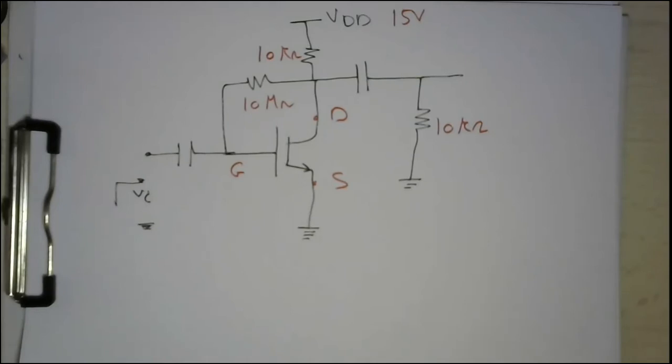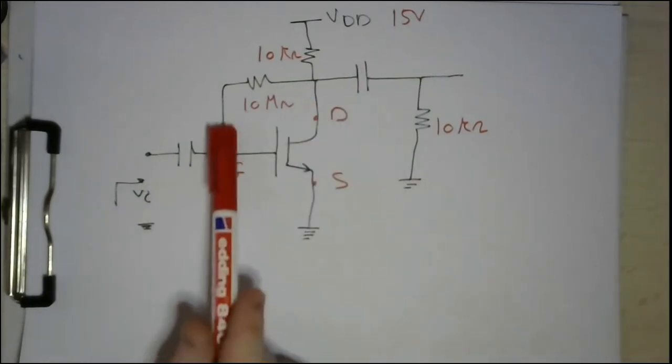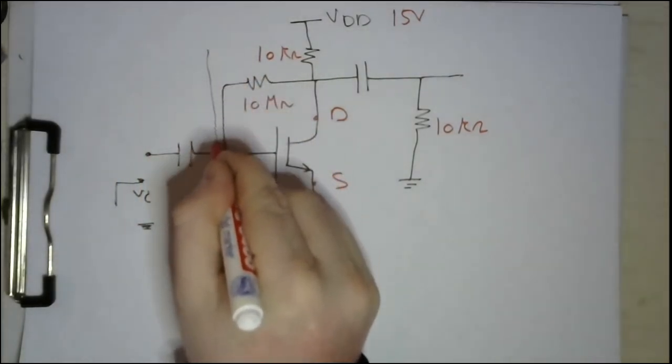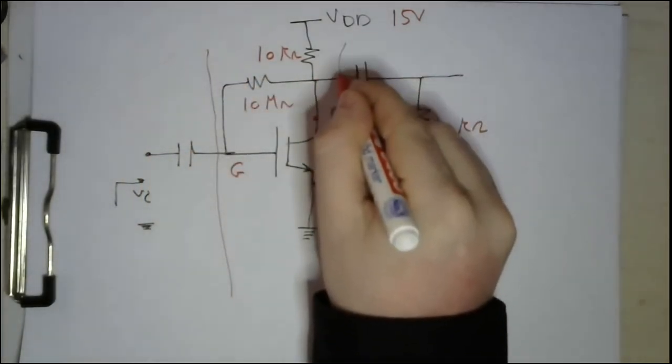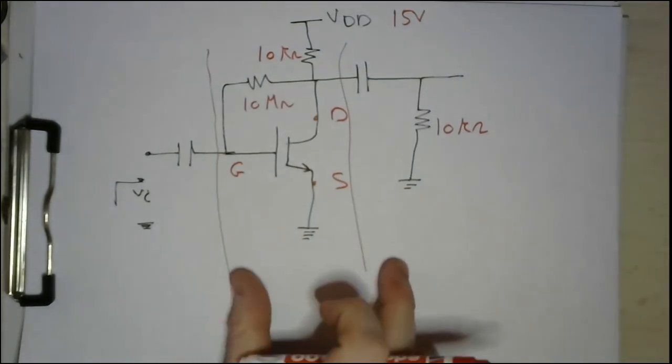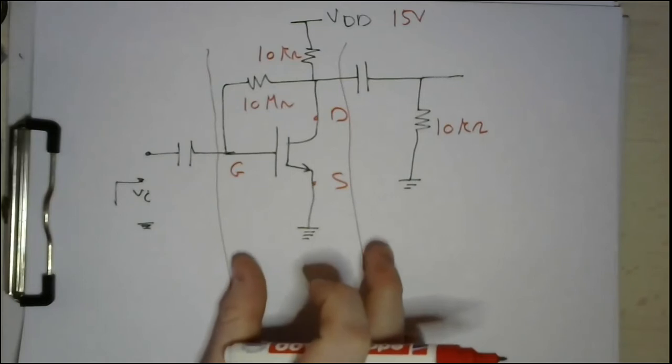The main key parameter in the DC analysis is the capacitors. In DC analysis, capacitors are open circuit. So the circuit in DC is just limited from here to here. This is your DC circuit. Now, this is the circuit we are going to solve.